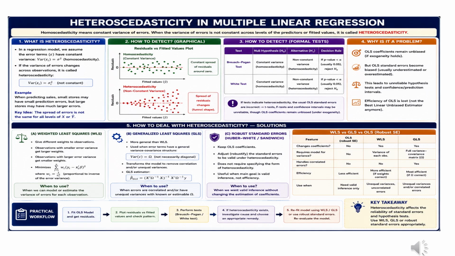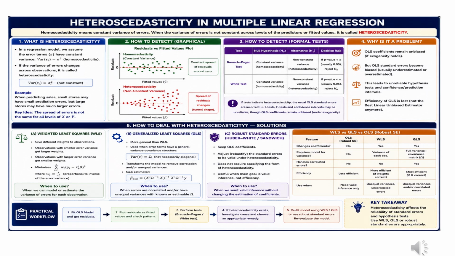So what can we do if heteroscedasticity is present? One option is weighted least squares, or WLS. Instead of treating every observation equally, WLS gives different weights to different observations. Observations with smaller error variance receive greater weight, while observations with larger error variance receive smaller weight. Another approach is generalized least squares, or GLS.